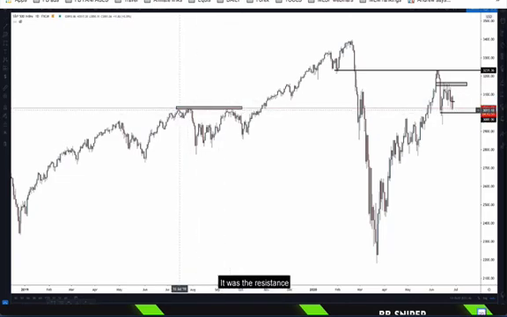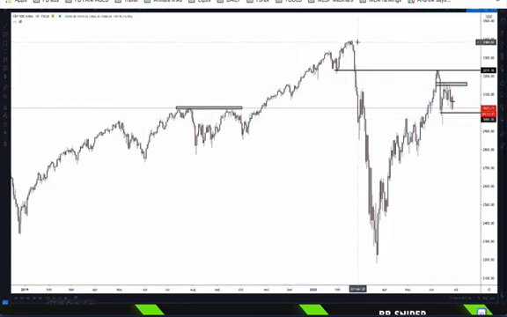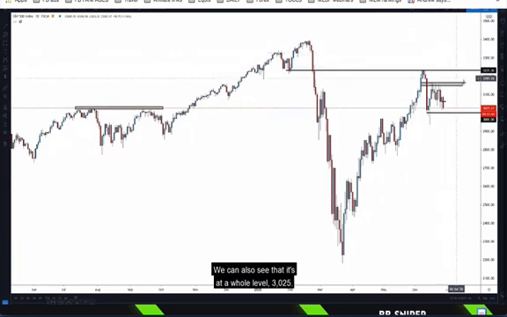It was the resistance that needed to be broken in order for price to go and make a new all-time high. We can also see that it's at a whole level, 3,025.